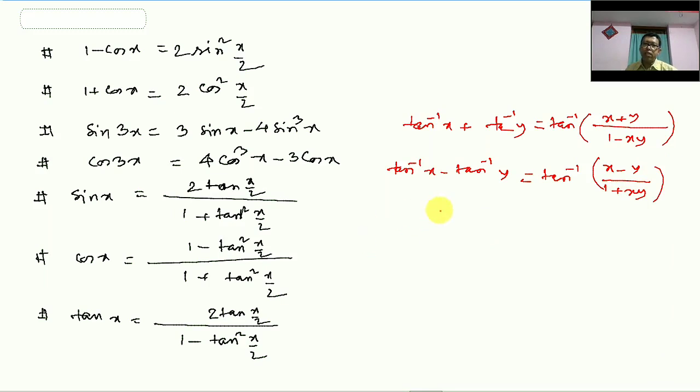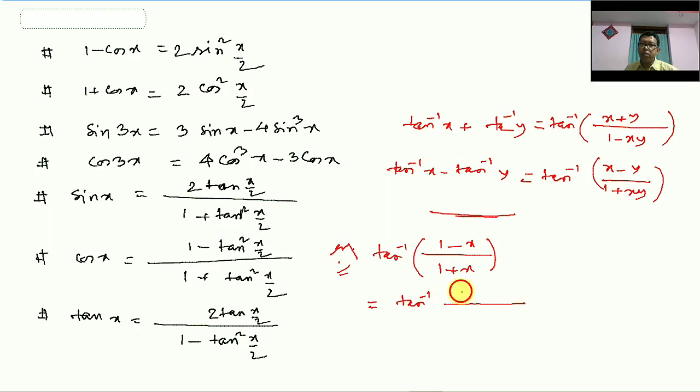These are the formulae I have written. For example, if it is given tan inverse of 1 minus x upon 1 plus x, then what will you do? This is nothing but tan inverse of 1 minus x upon 1 plus 1 into x, so that you can write it as tan inverse of 1 minus tan inverse of x. This is an example.